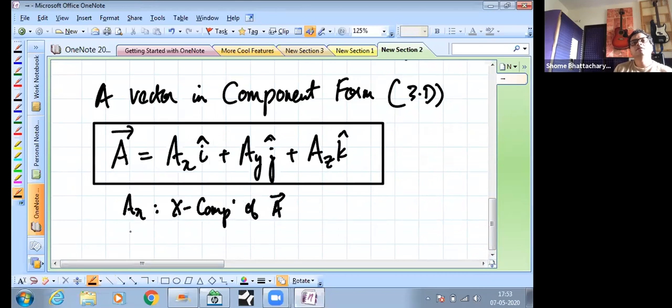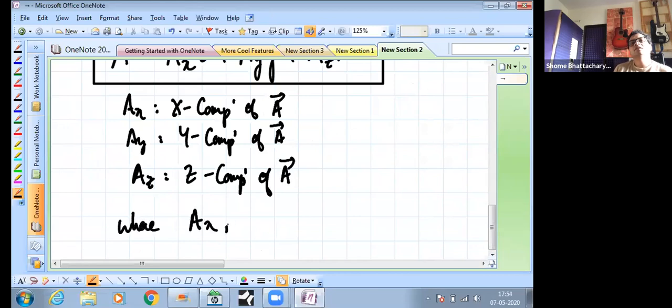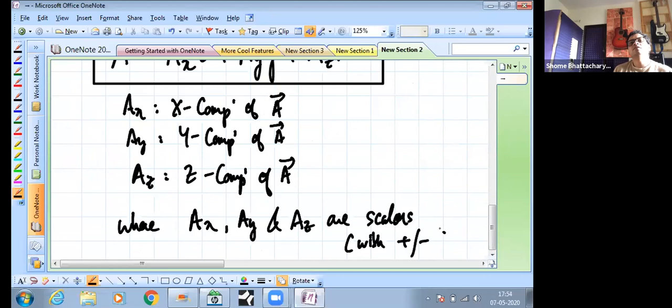Similarly, Ay is the y component of the vector A. And now, analogous to that, Az has become the z component, where we understand that Ax, Ay, and Az are actually scalars, but with sign, with positive or negative sign.